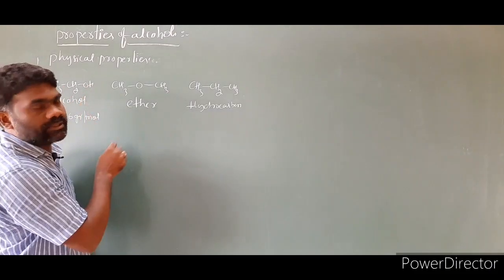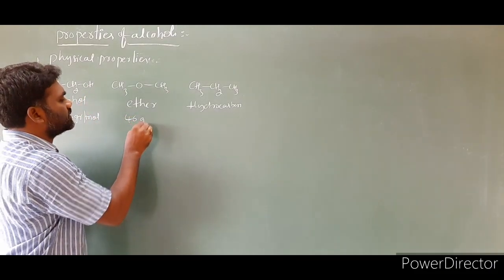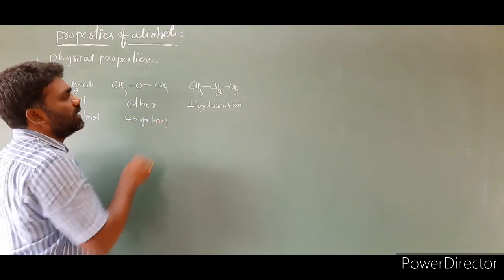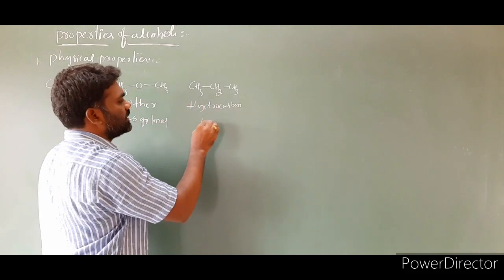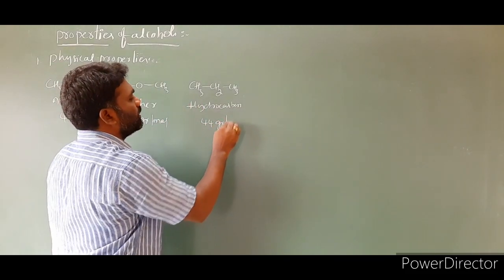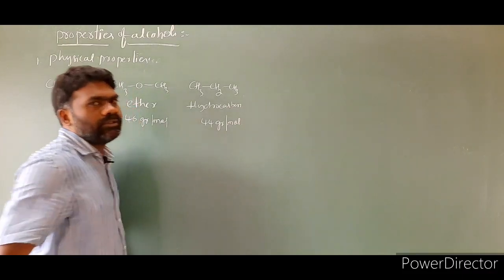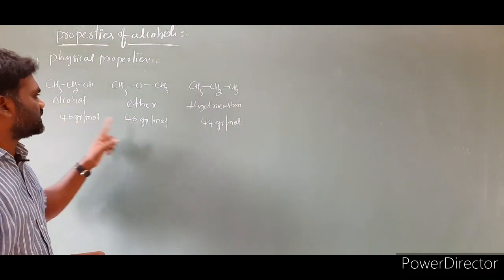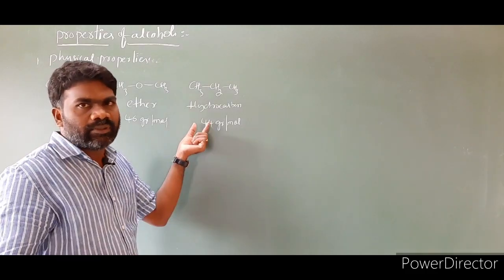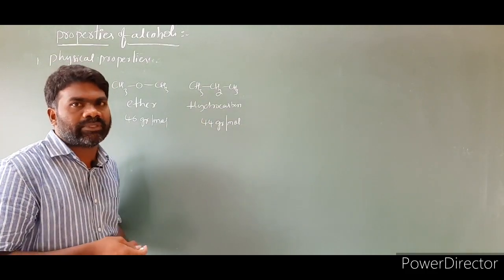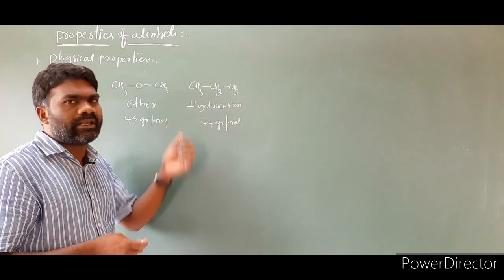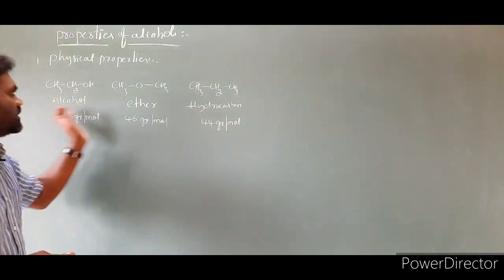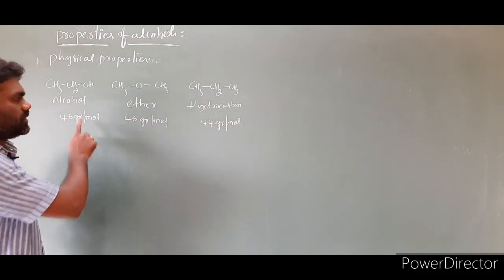These two are isomers, so this molecular mass is also 46 gram per mole. And this is propane, its molecular mass is 44 gram per mole. So the molecular masses are almost comparable, 46, 46, and 44. We are taking comparable molecular masses, not exactly the same. So these 3 molecules have comparable molecular masses.